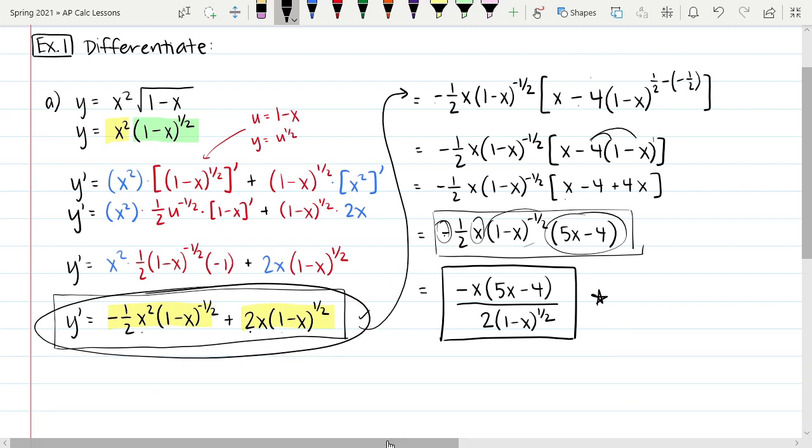But on your work, on your paper, attempt to get to here. All right? So that way, right now, you can still get your full credit by correctly finding the derivative, but you'll also be practicing in preparation for when we actually have to get to an answer more like this final one that I have here.